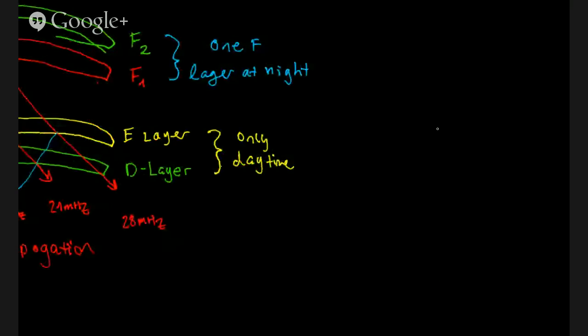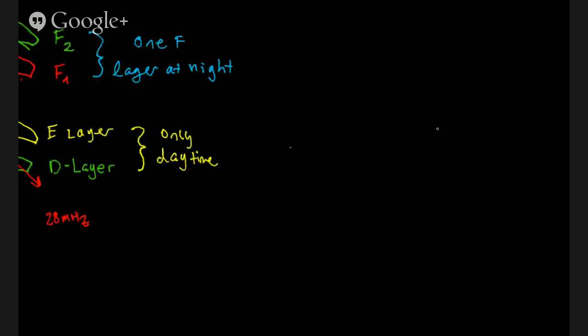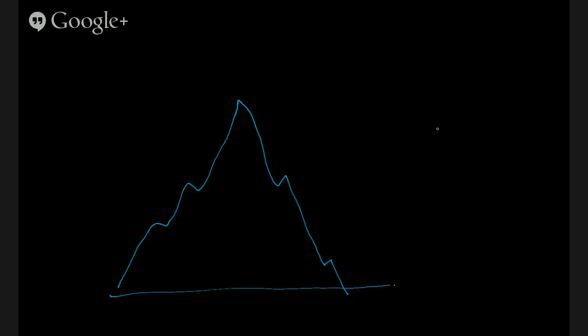And sometimes it's not always the atmosphere that's responsible for carrying radio waves long distances. Sometimes we have, for example, a mountain with a relatively well-defined, sharp peak.